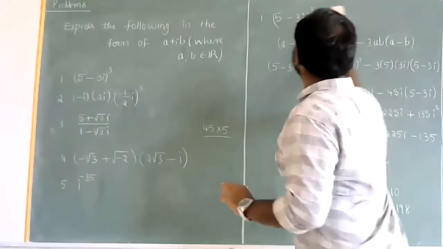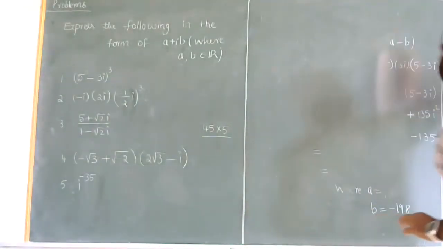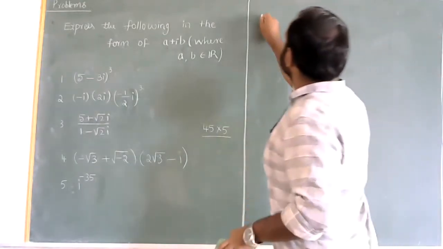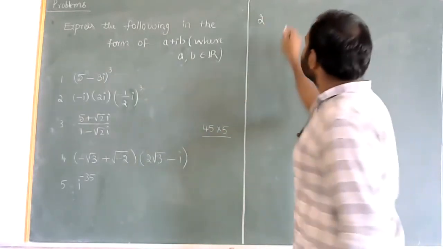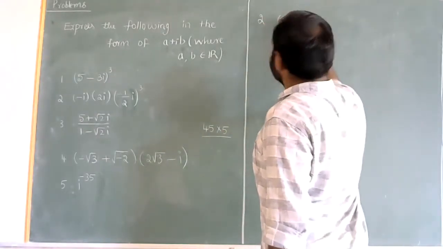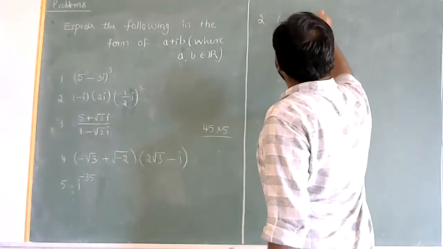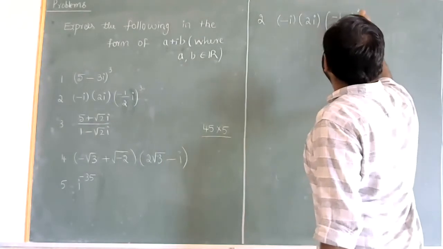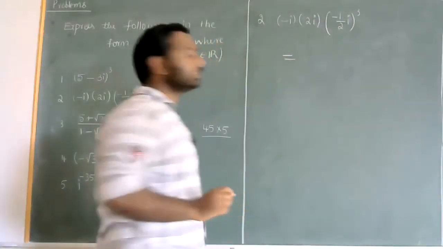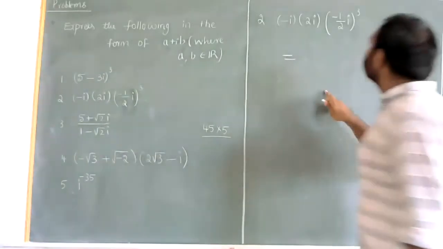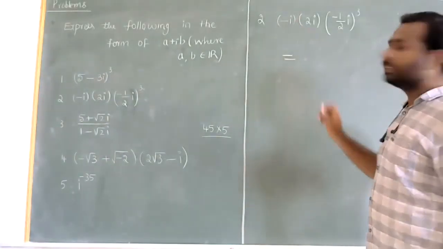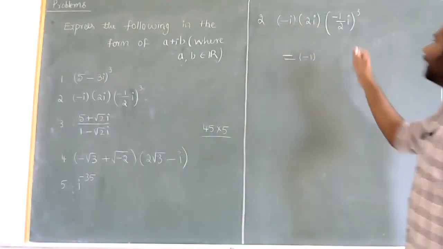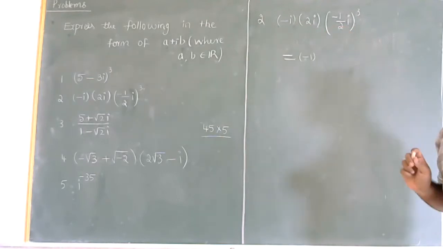Now we shall move on to the second one. Second one is minus i into 2i into (minus 1 by 2i) whole cube. This is equal to, right? So minus i is there, so it is minus 1 into i. I'll take i terms one side, all constant terms one side.